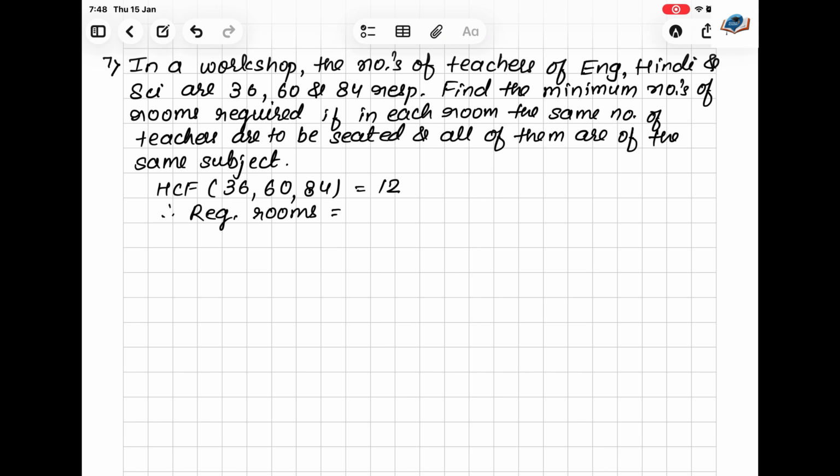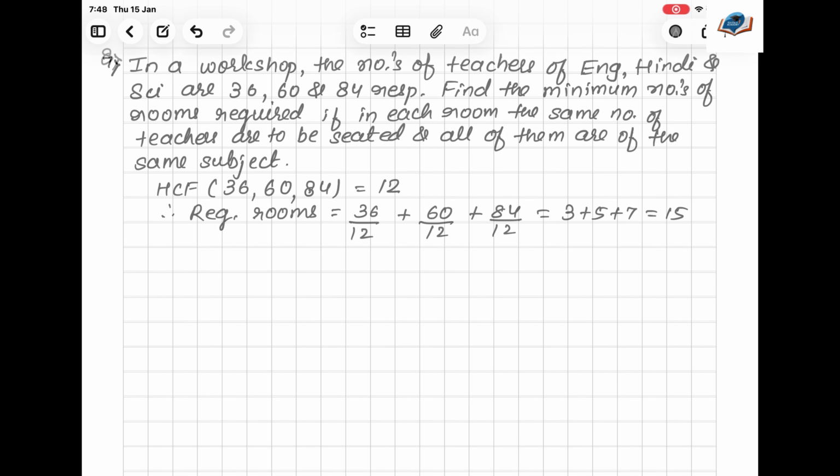So required rooms will be 36 by 12, that is 3, plus 60 upon 12, that is 5, plus 84 upon 12, that is 7. So 3 plus 5 plus 7, 15 rooms I will need.